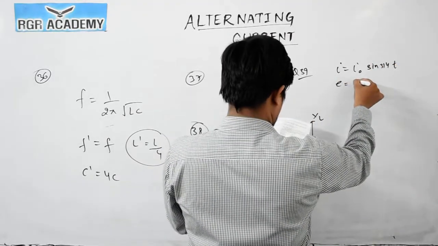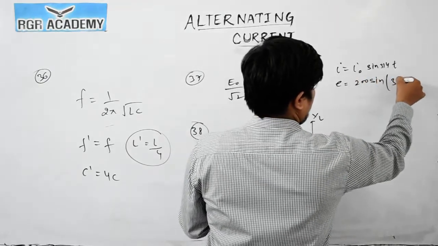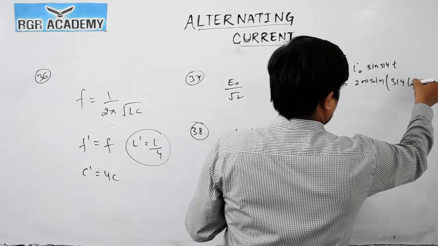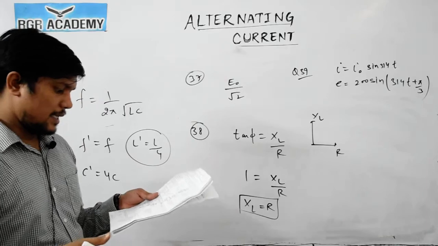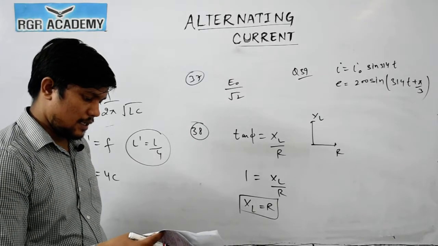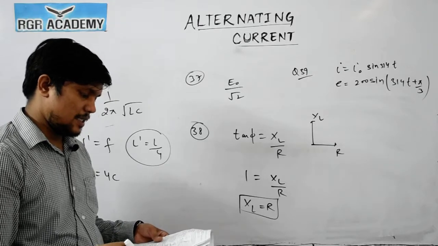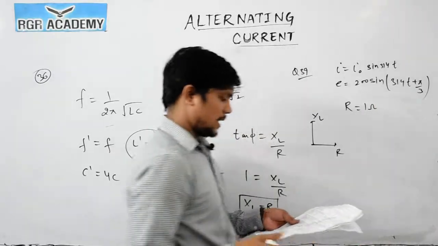E is given as 200 sin of 314 t plus pi by 3. The resistance is given as 1 ohm, and they are asking the reactance of the circuit.